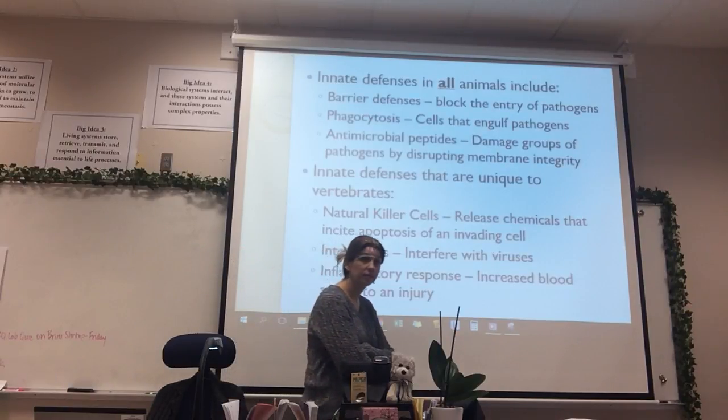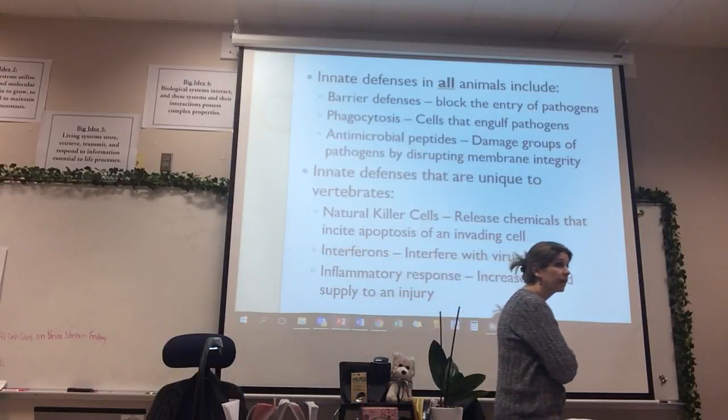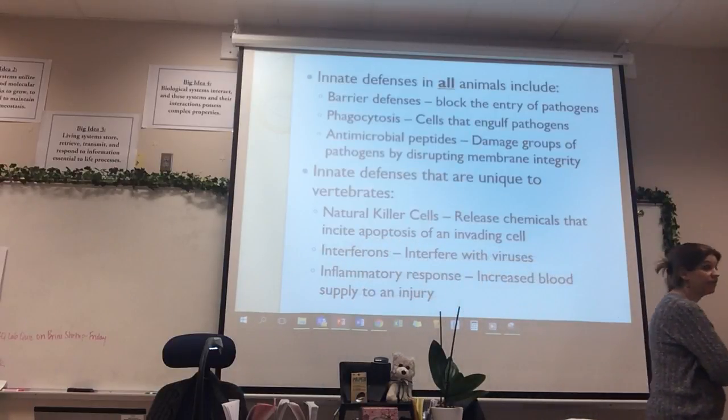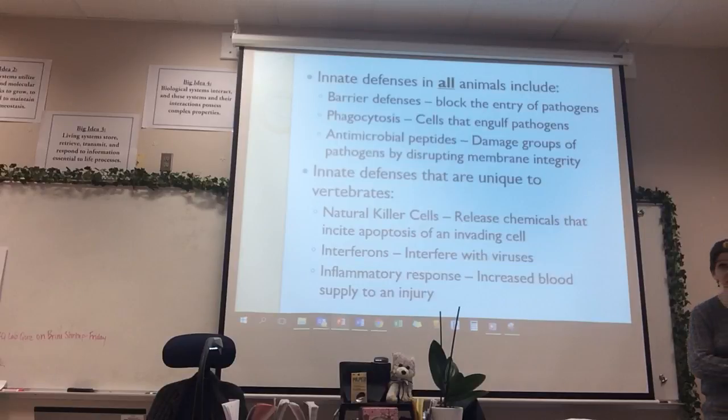For example, if I have become infected with a virus and the virus is inside one of my cells, what's it doing? It's hijacked my cellular machinery, using it to duplicate lots more viruses. If a natural killer cell can find that one cell of mine that has been infected and kill it before it can produce literally millions of other viruses, is that worth it?